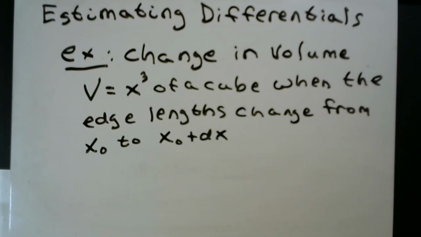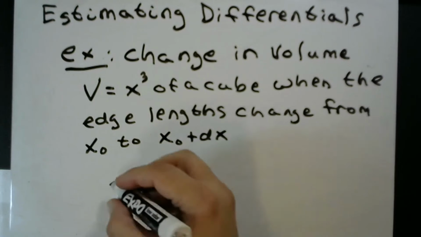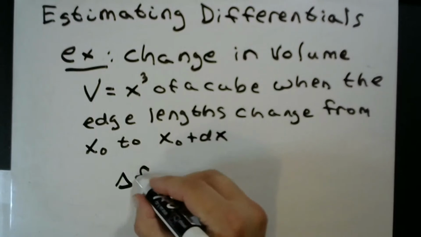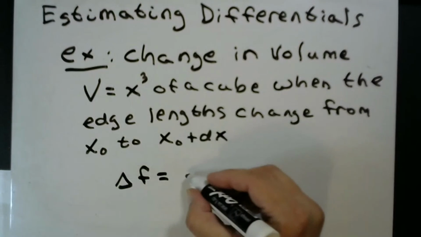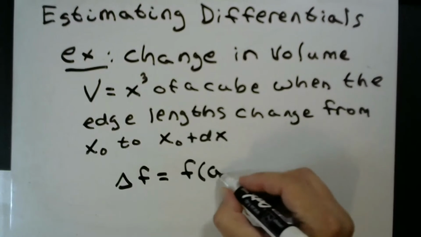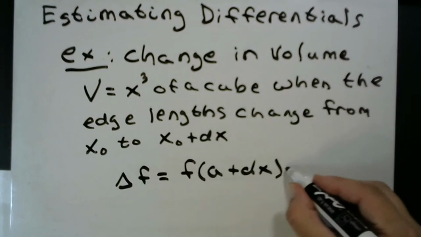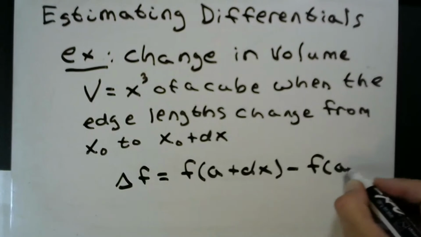So what we're going to do, this is really a kind of approximation is what we're looking for. So the idea is going to be this. We know delta y, or delta f, is f of a plus dx minus f of a.